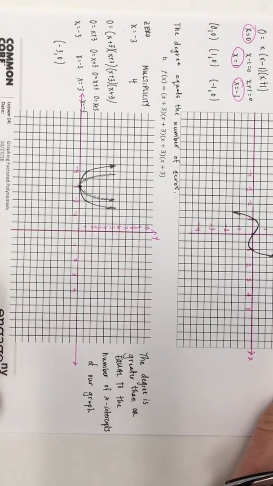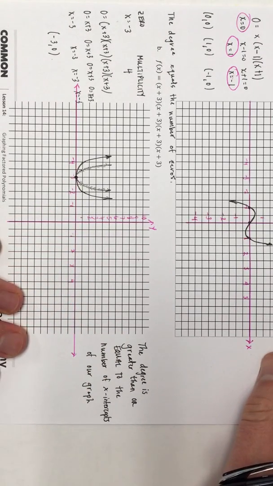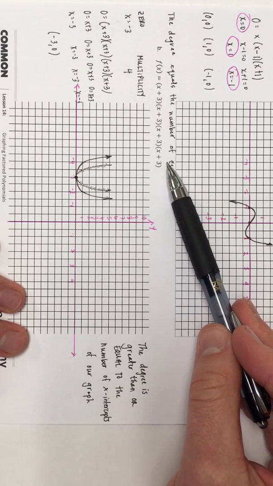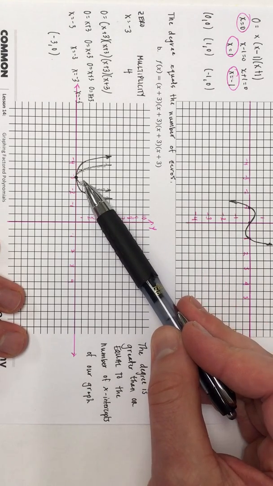And so this ultimately is kind of the way we need to word it, is really important part of understanding the connection between any equation and the graph.